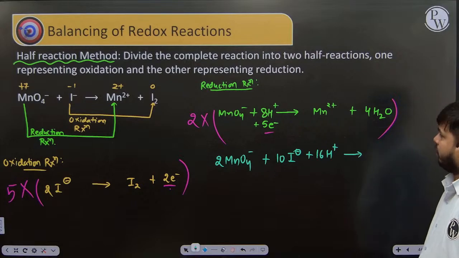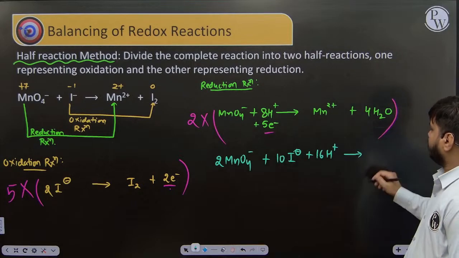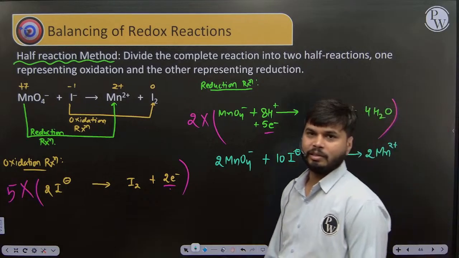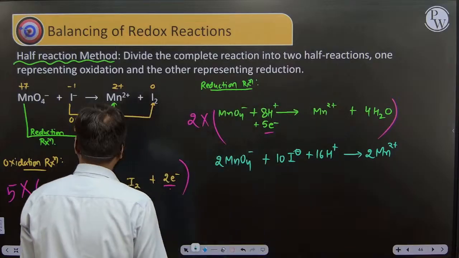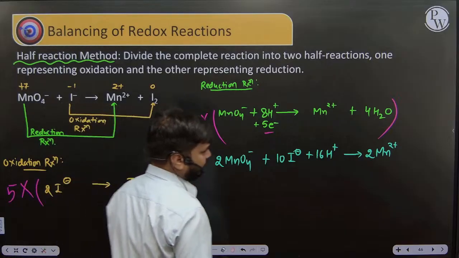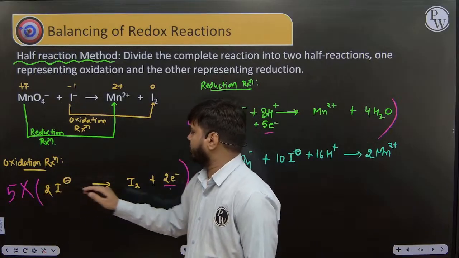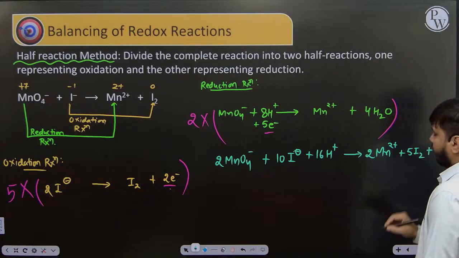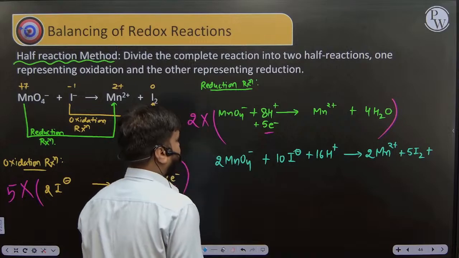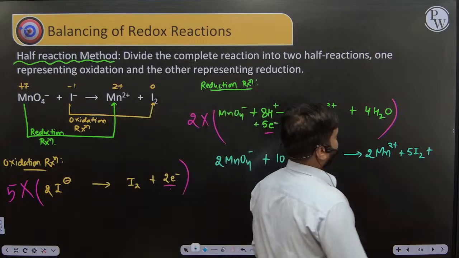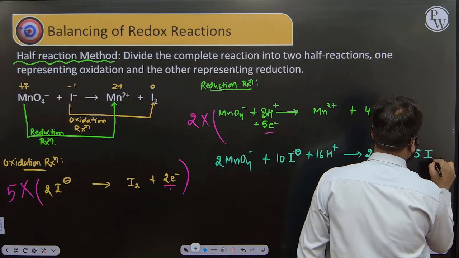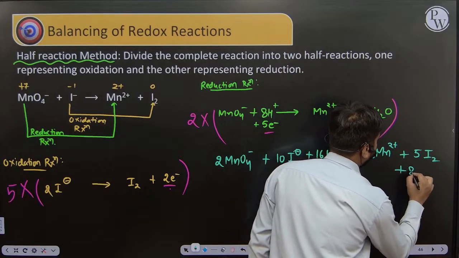Then 2 into Mn plus 2, so I am going to write 2Mn plus 2. Then I2: 5 into I2, plus, and on this side 2 into 4, so we will be having 8 H2O.